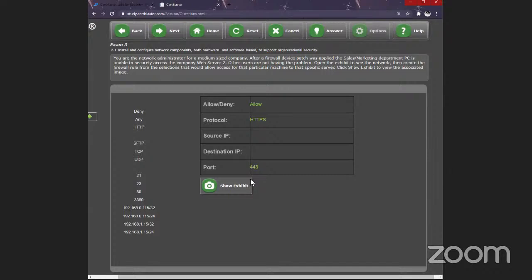Yeah, I don't know that one. RDP. Remote desktop. Yep, remote desktop protocol. You got it. All right. Cool. Now let's look at the exhibit. Good job. You've been studying.